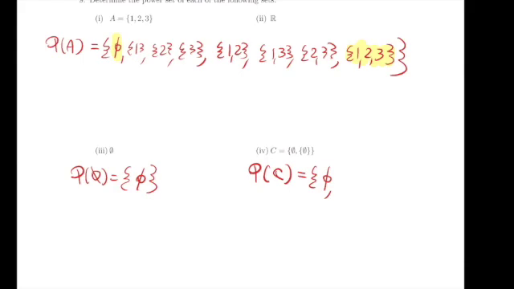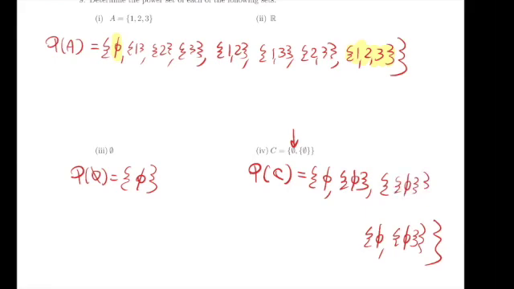And then this one, again, if you're thinking about how to list these power sets, you can start with the empty set, end with the entire set, and then think about, okay, what would the singletons that are in this set be? So it would be the set containing this thing, and then it would be the set containing the set containing the empty set.